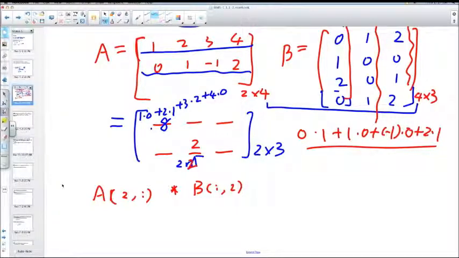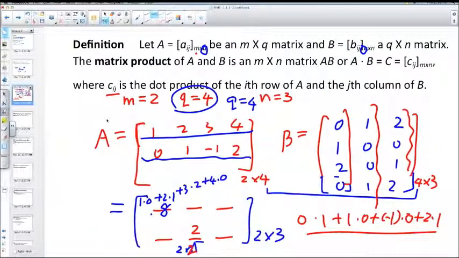In general, if I take the Ai row times the Bj column, and then you get this element Cij, if A times B equals C. Well, C in this case is going to be an M by N matrix.